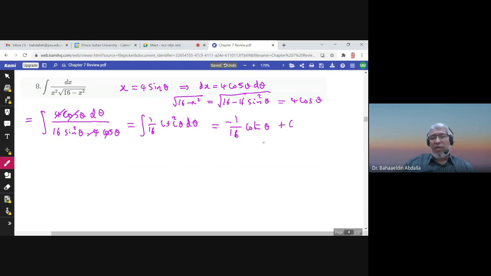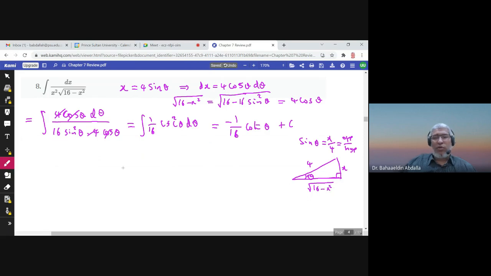Well, sine theta is x over 4, and it is opposite over hypotenuse. So if I have a right triangle where this angle is theta, then the opposite side would be x, and the hypotenuse would be 4, and then the adjacent would be the square root of 4 squared, which is 16, minus x square.